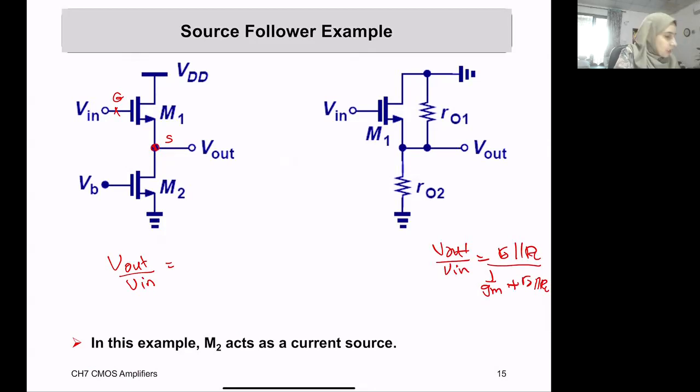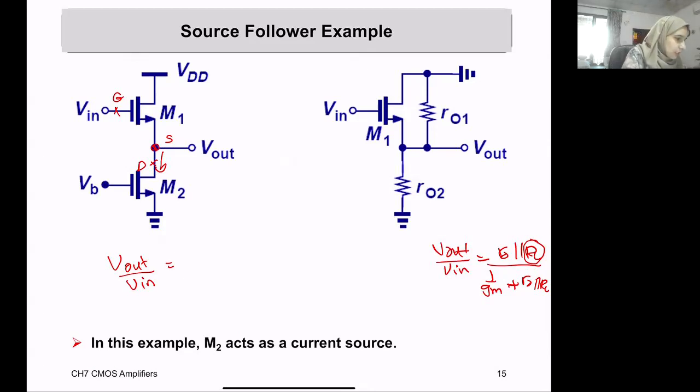Now here the RL has been changed. It's not a resistor RL, but we are seeing this transistor down, that is M2. We are looking from the drain side of M2, and therefore what impedance do we expect to see? We expect to see R out 2.